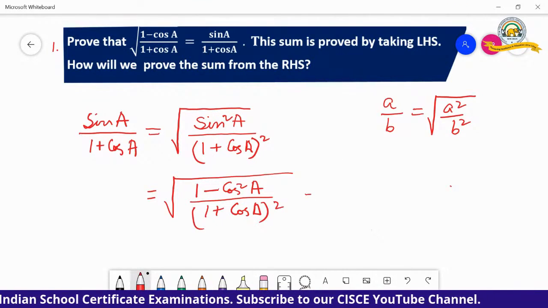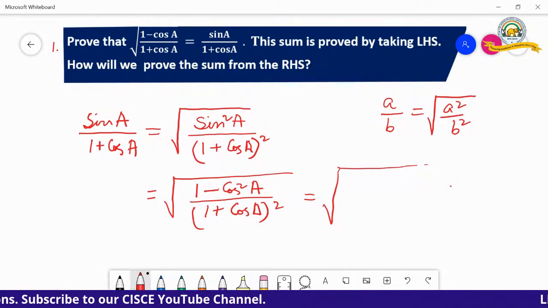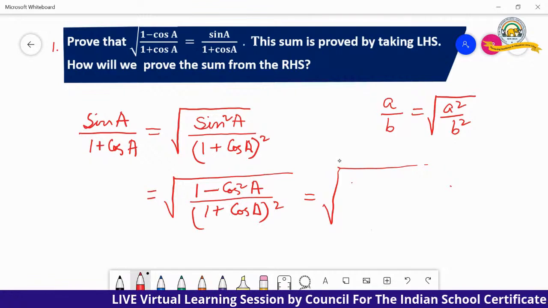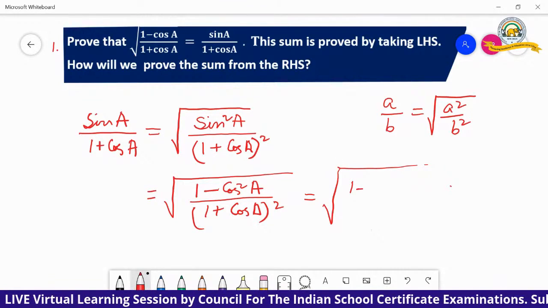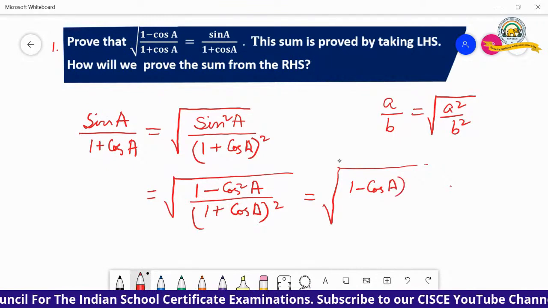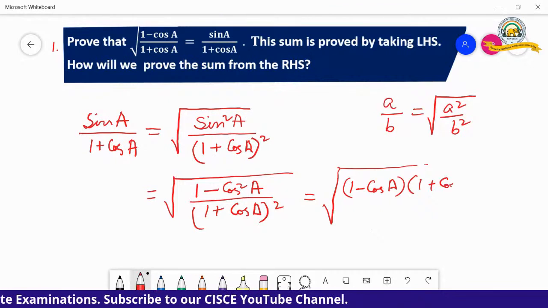We still have the square root sign. That is a good sign. Now 1 minus cos square A, again our algebraic identities: A square minus B square is (A plus B) into (A minus B). So we get here (1 minus cos A) into (1 plus cos A).